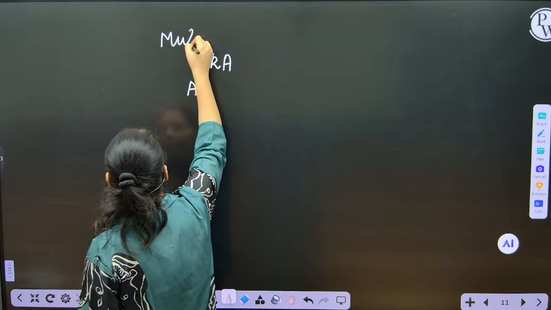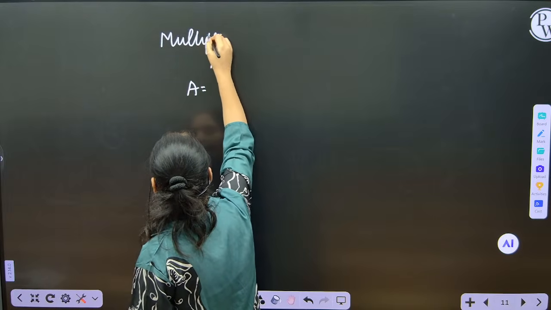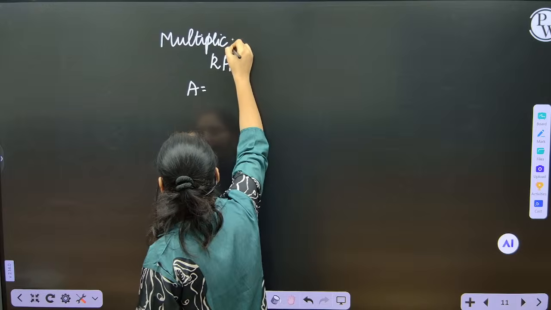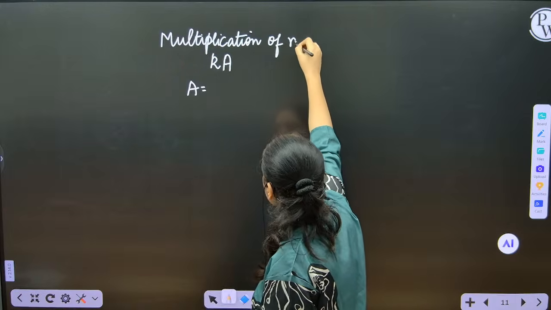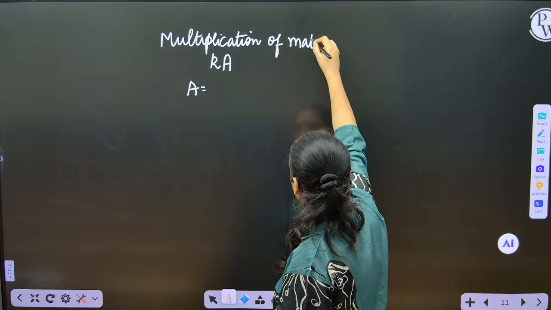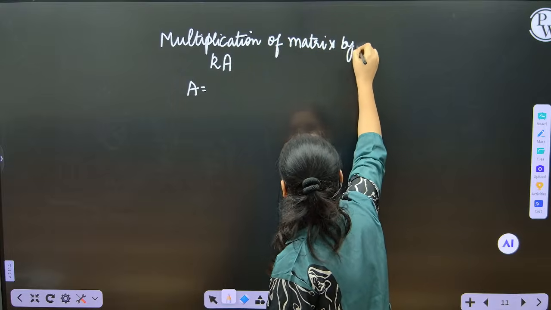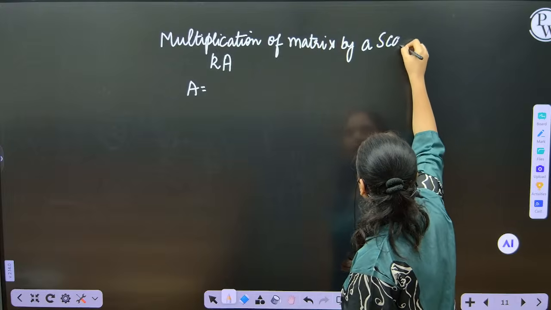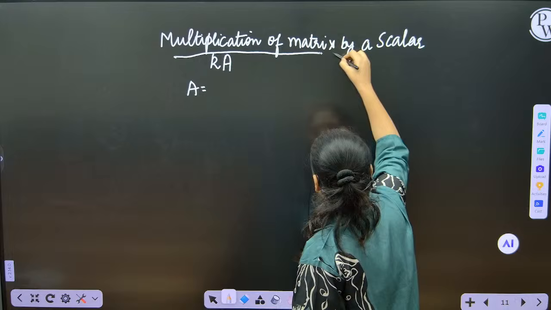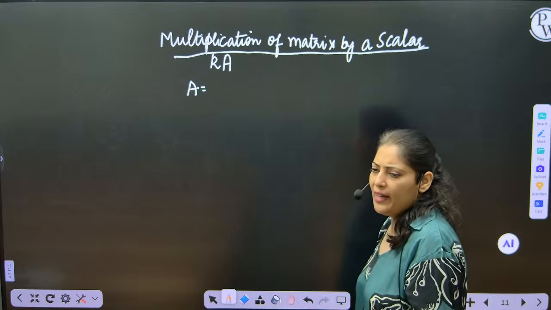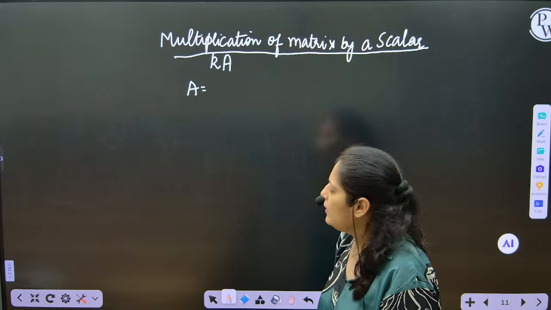Multiplication of a matrix by a scalar. Scalar means any constant number only, any number. Okay, anything.